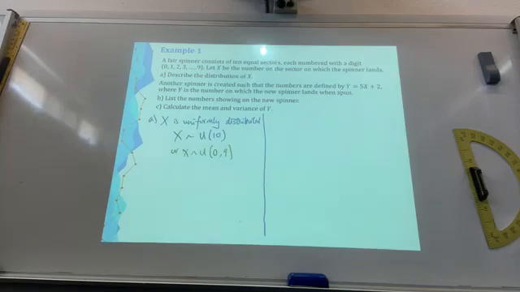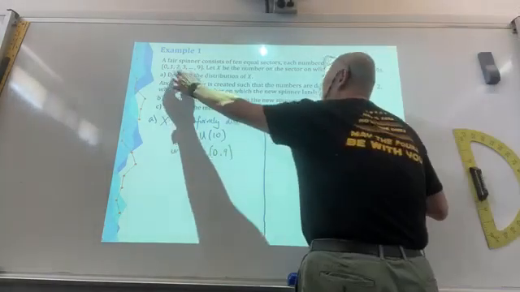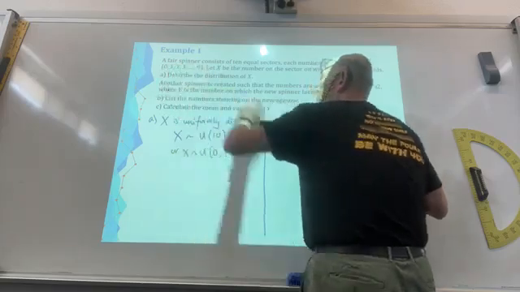So another spinner is created such that the numbers are defined by y equals 5x plus 2, where y is the number on which the new spinner lands when spun. You now need to list the numbers showing on the new spinner. So you know that y equals 5x plus 2, so it's 5 times 0 plus 2, and so on and so forth.